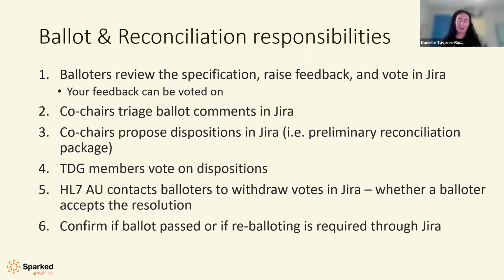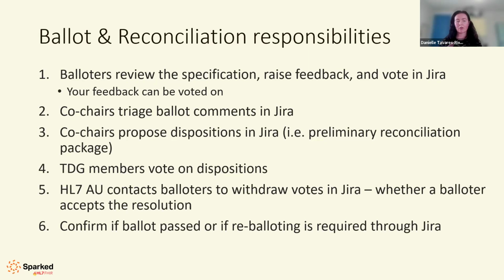Now the consensus body, those balloters who have signed up, will go through and review that and see whether or not they are comfortable for AU Core R1, as proposed, to be published. As they go through, they might raise feedback. They might raise feedback that forms part of the ballot comments, but they might just be raising feedback and not mark it with a vote. And they are going to vote on whether or not AU Core R1 should proceed to publication.